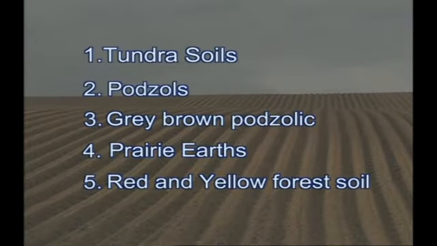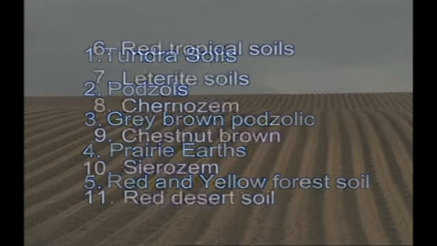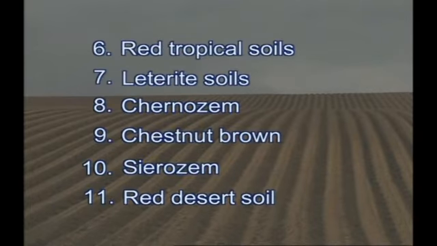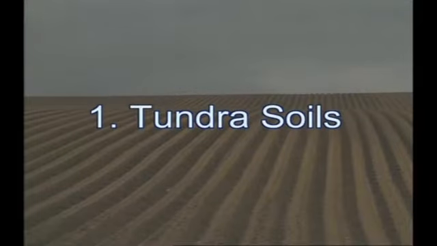Tundra soils, podzols, grey-brown podzolic, prairie earths, red and yellow forest soil, red tropical soils, laterite soils, chernozem, chestnut brown, and xerozem and red desert soil. Let me explain the zonal soil.